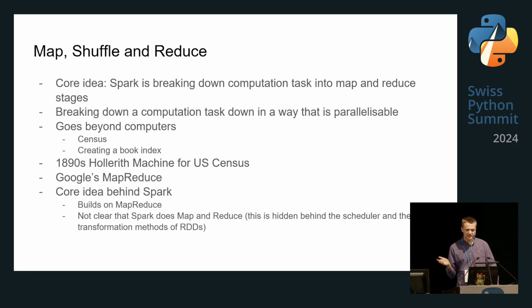Something I quite liked is that this idea is more general than just running on computers. They haven't called it MapReduce, but they've used the idea of MapReduce for hundreds of years. In a census, you don't have one person going round to every single house and counting the number of people in a country. You split up the task.